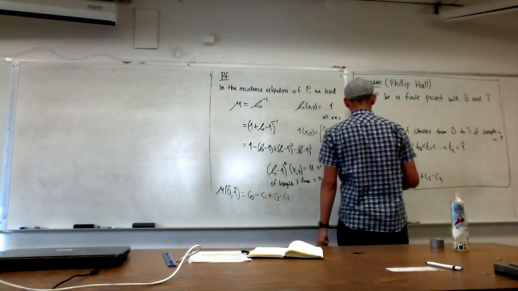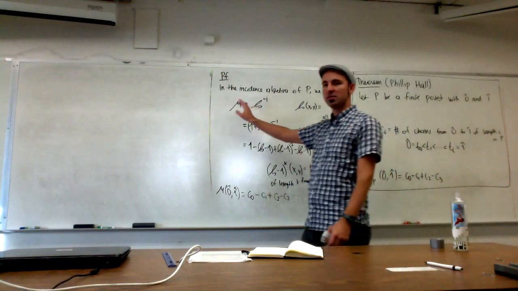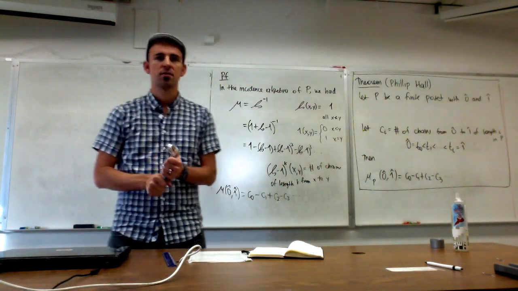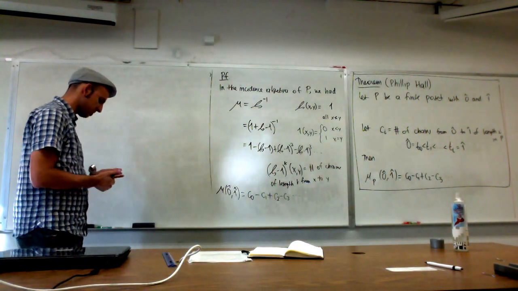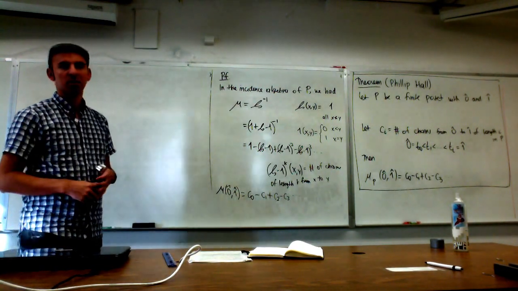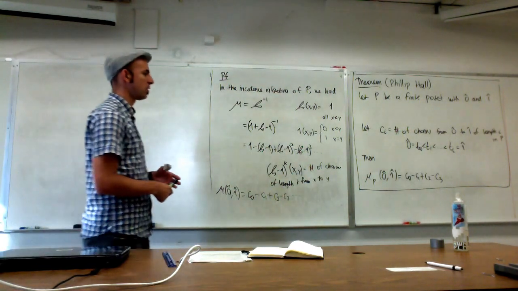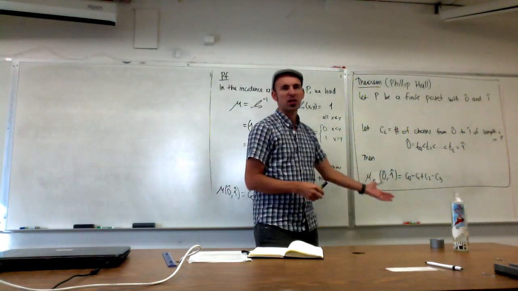This is essentially a restatement of the fact that mu is the inverse of zeta in the incidence algebra. It's some formal manipulation, but we're going to come to understand this formula a lot better next time.